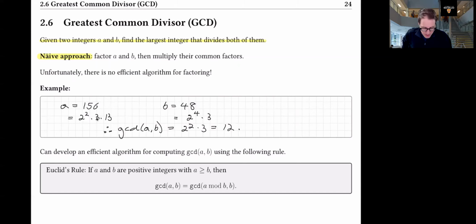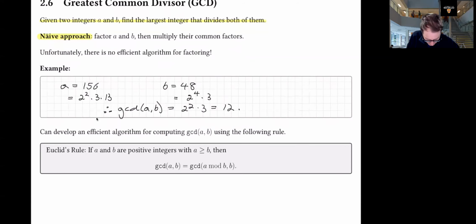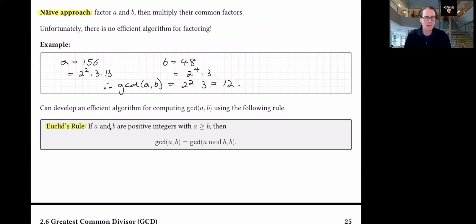There's actually a much nicer way to do this, which doesn't require factoring, and we can do efficiently. It relies on something called Euclid's rule, which says that if A and B are positive integers, where A is greater than or equal to B, then the greatest common divisor of A and B can be computed instead as the greatest common divisor of A mod B and B. The point of this is that I get to reduce the size of one of the arguments.